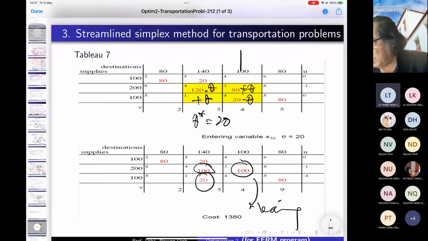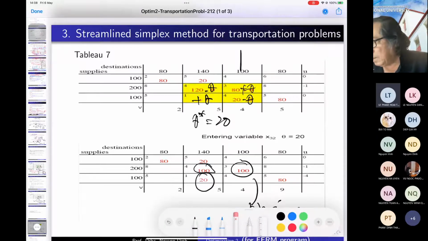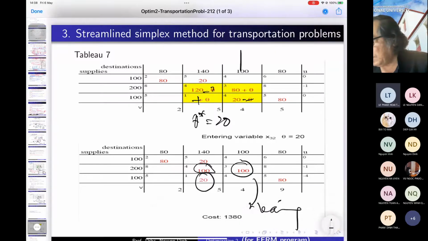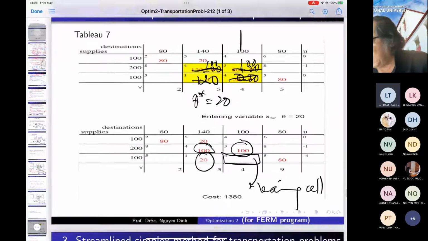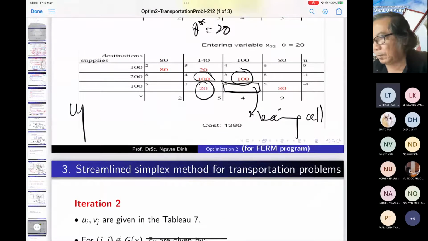So we have minus 20, plus 20, minus 20, plus 20. You have 20 here, and here is 100, here is 100, and here is 0. You see the red row, that's the leaving cell. Now you update, and this is the updated BF solution.